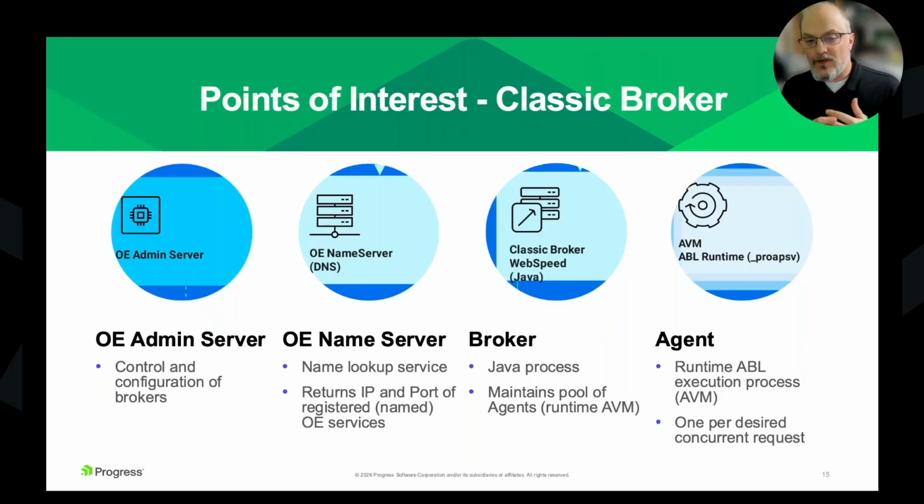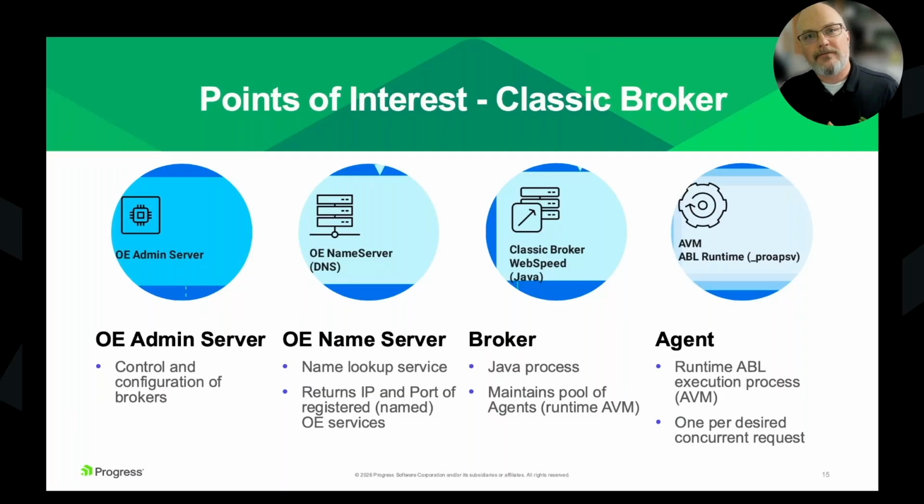You should understand that this is DNS for OpenEdge components, brokers, and other types of products. The broker himself is simply a Java process listening on a socket, and anytime I run an ABL set of code, that's going to execute on the classic agent. That's just an app server session, or pardon me, an OpenEdge session.